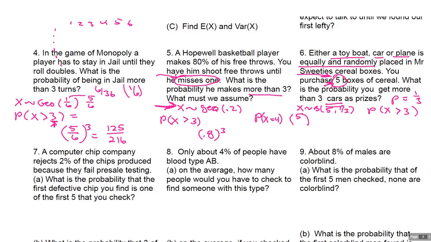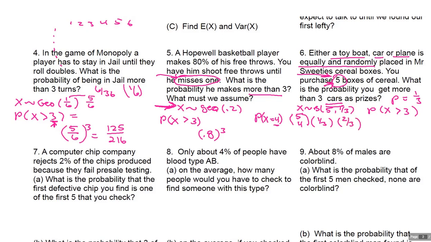Now, the number that I'm talking about, in this case 4, goes on the bottom. What's the probability of success? 1/3. What's the probability of failure? 2/3. Right. Okay.